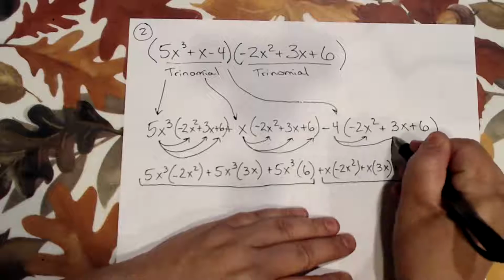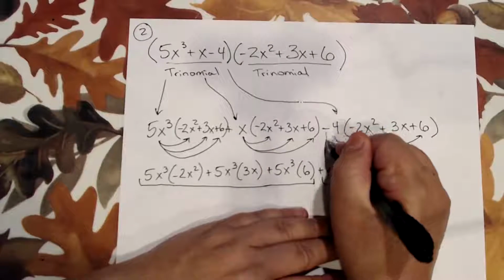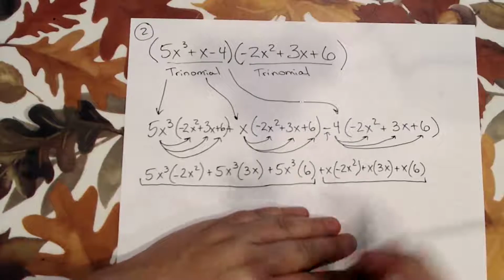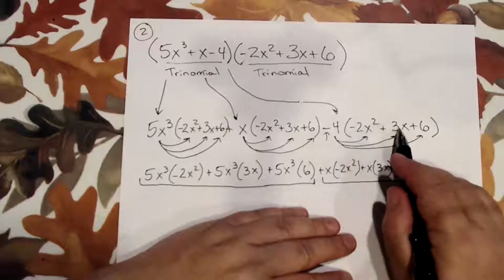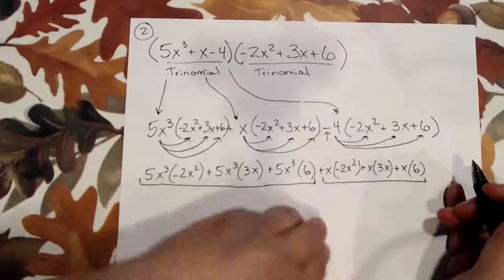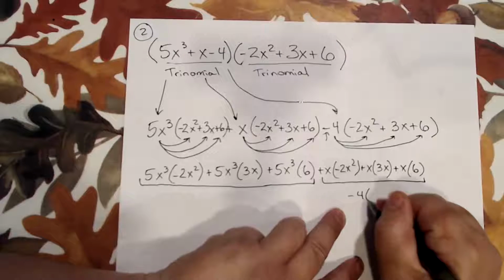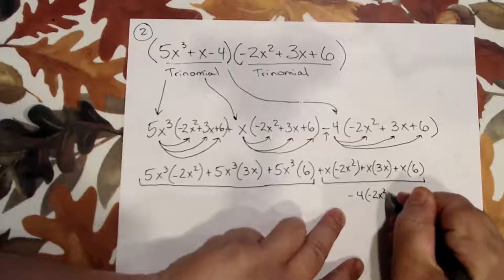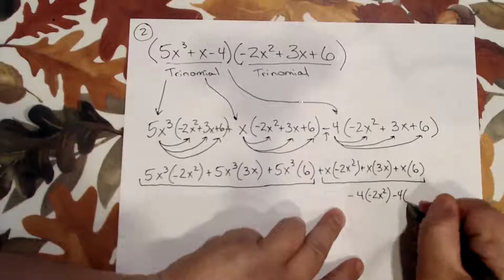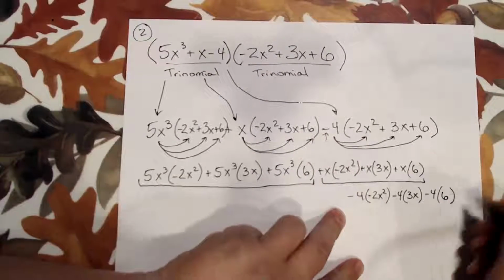Now, the interesting thing about this last part is since there's a negative in front of the 4, that's going to change all of the signs in this last piece of 3. So let me go ahead and write this down here. I'm going to have -4 times -2x squared minus 4 times 3x and -4 times 6.